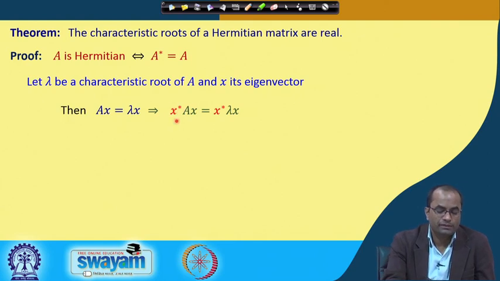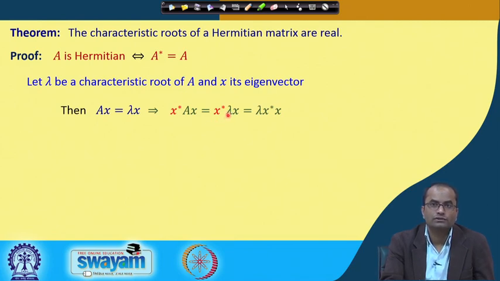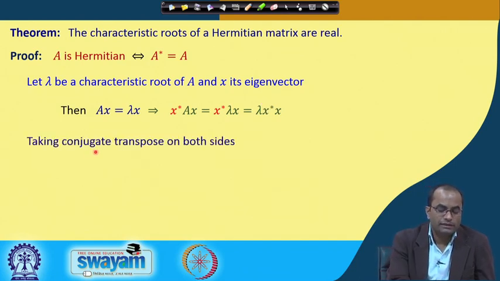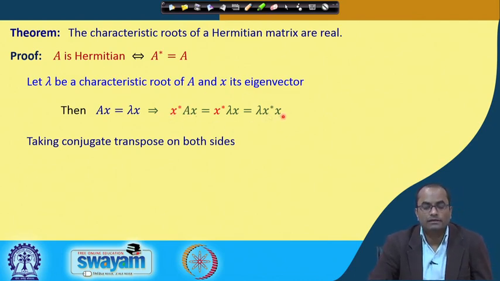Lambda is a constant, so we can always take it to the front. So, this is x star x. We have x star A x is equal to lambda x star x, that is one relation. Now we take the conjugate transpose of both sides of this equation.